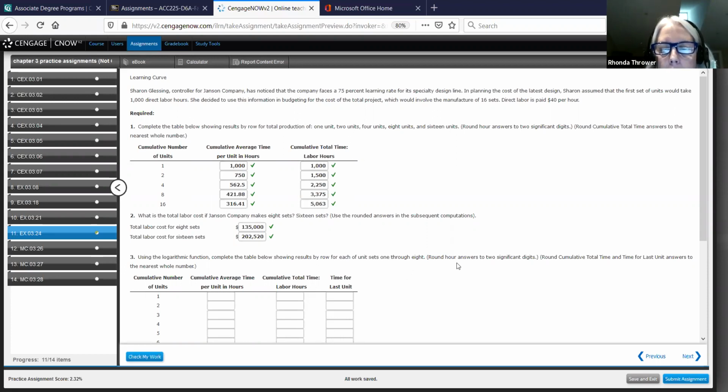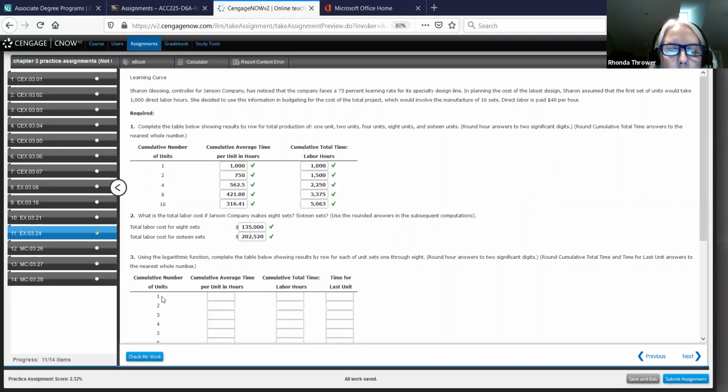They want you to round your hour answers to 2 significant digits. So basically, we're doing the same thing that we did before, but if you'll notice, instead of doubling the sets that we're looking at, they're giving us each number as a set.